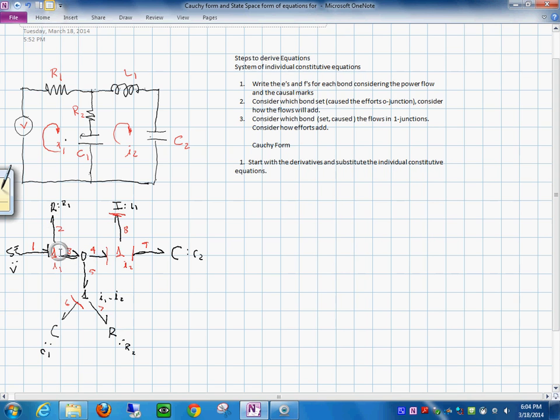Since our objective really is to derive the equations and not deal with the algebraic loop, I would propose that we add here an inductor element, and we're going to call it L sub 2, just for the sake of example, because that will give us another I over here with this L sub 2.